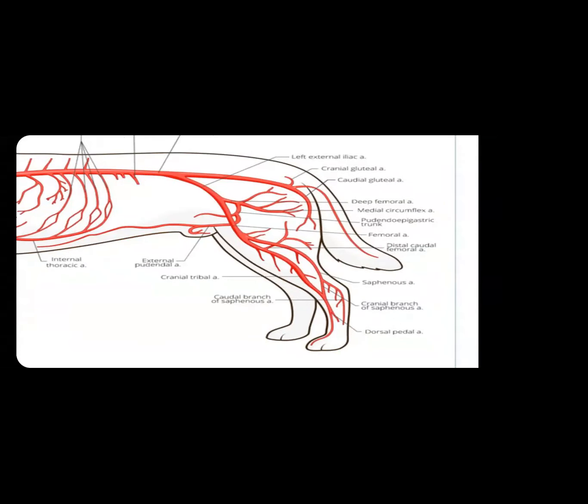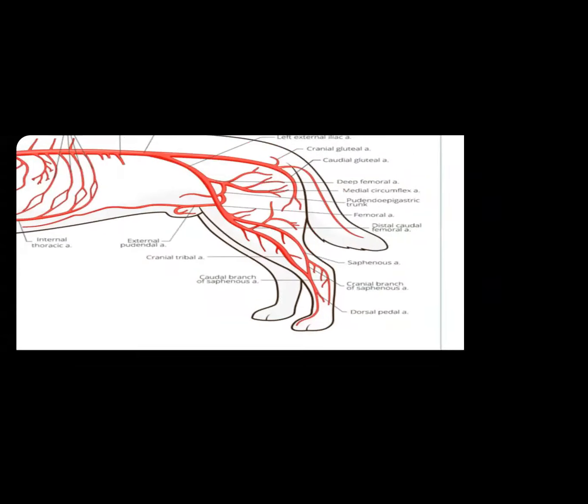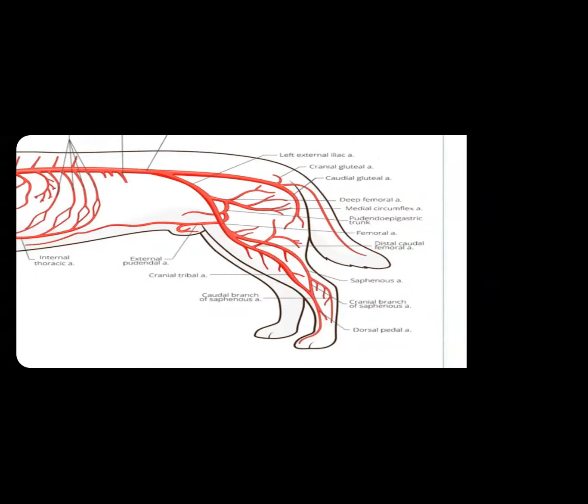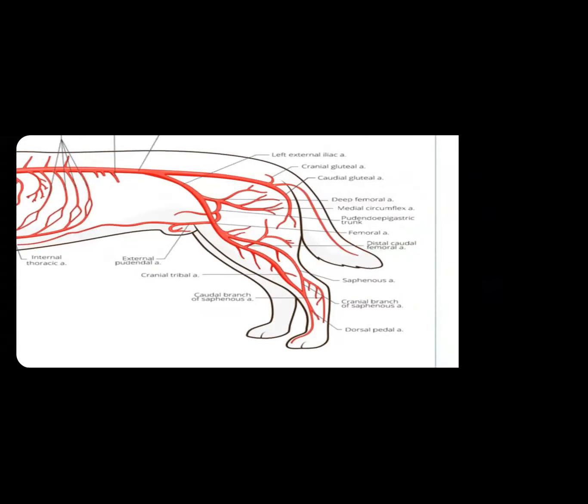Like the name suggests, certain names try to relate to the part of the bone or the area it's supplying. So that will even give you an idea, where do I find this particular artery? A deep femoral artery, of course, you expect it to run deep, close to the femoral bone. Then we've also got a medial circumflex artery. We've got the pudendoepigastric trunk, which is just running there from the left.